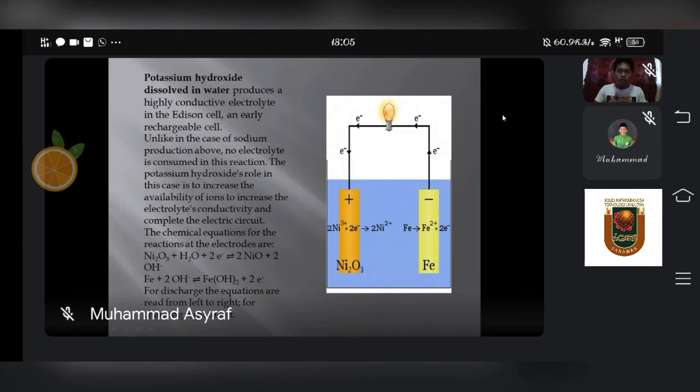It produces a higher conductive electrolyte in the Edison cell, an early rechargeable cell. And unlike in the case of sodium production above, no electrolyte is consumed in this reaction.